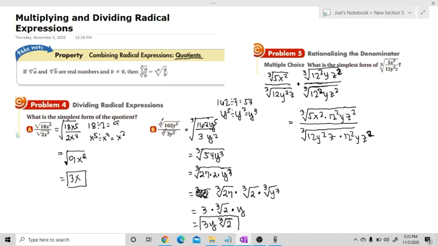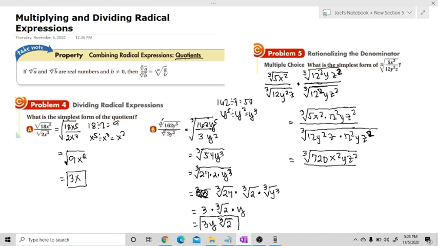Let's go to the numerator first. 5 times 12 squared. 12 squared is equal to 144. Times 5, it is equal to 720. Then x squared times y times z squared is x squared y z squared.